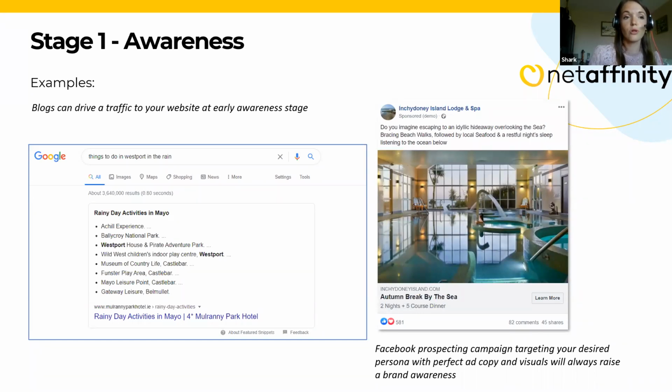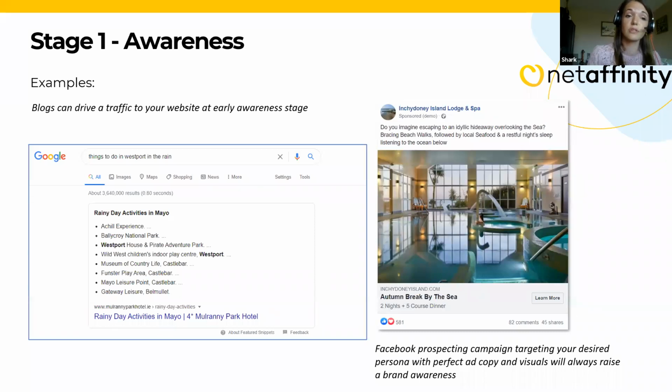We are going to talk a lot about creating tailored content at each stage of your marketing funnel. At the awareness stage, a very useful type of content is a blog post. Blogs can drive traffic to your website at the early awareness stage. You can be very creative and write content with useful information for people at the awareness stage.